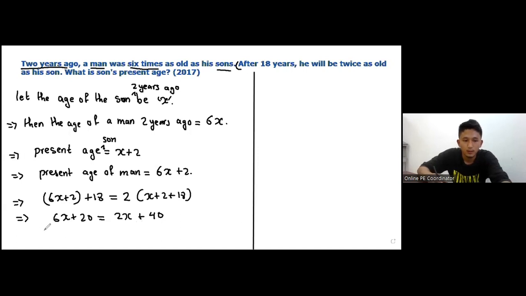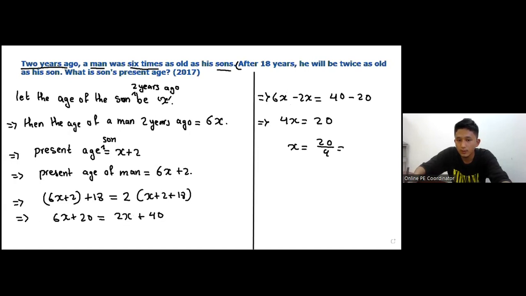Bring the common terms together: 6x minus 2x equals 40 minus 20. After that, 6x minus 2x is 4x equals 20. So x equals 20 divided by 4, which is 5.